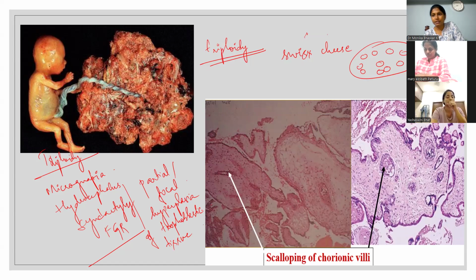So in your early scans, if you're able to see the baby, but you're not able to identify that this is a partial mole, usually there are three criteria which are important. This is called Newmoff's criteria of partial mole. What is Newmoff's criteria?